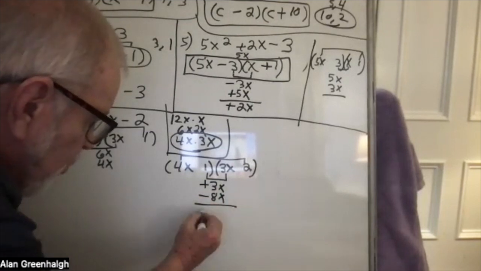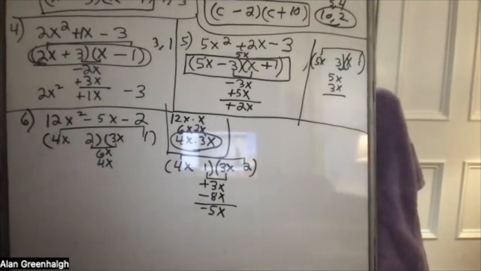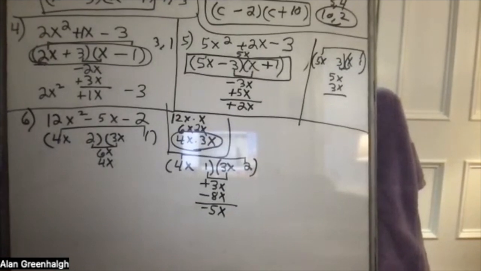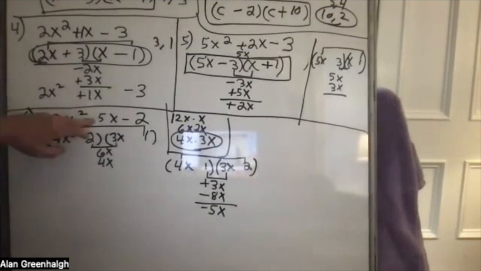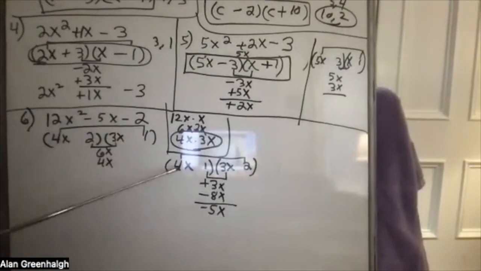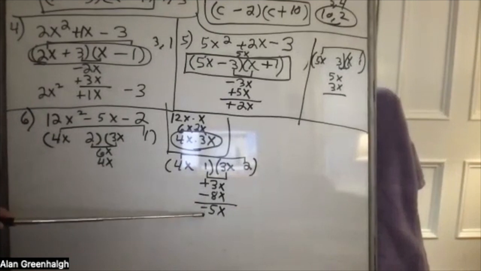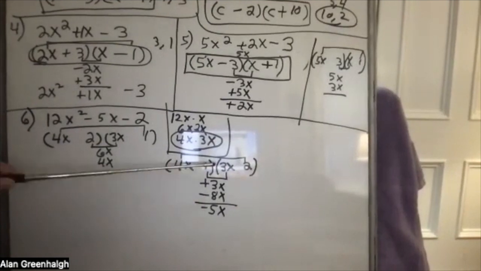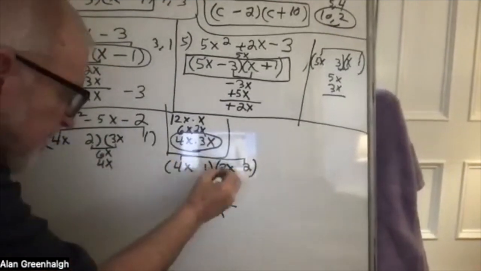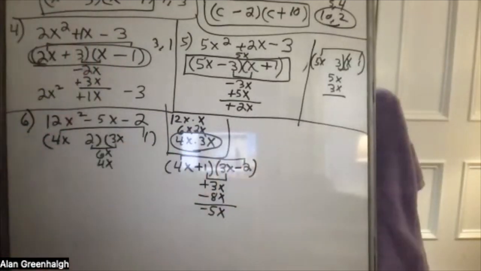And that would give you negative 5x. So we want to wind up with the negative 5, and this will do it. Okay, but the 3x has to be positive, so that will be positive, and that will be negative.